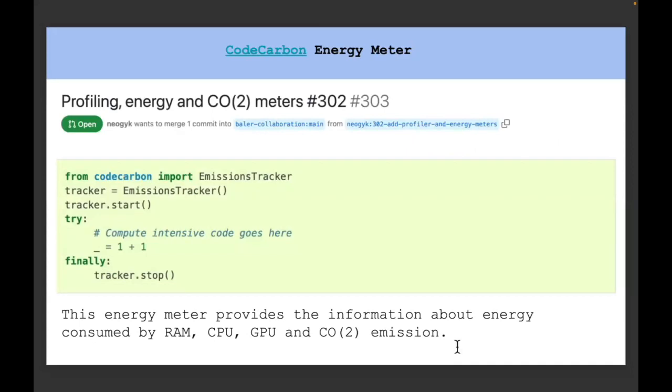So there's another framework that was inspected, and I find that it's the most suitable for practical usage, and I added it as a pull request to the current repository as a closure decorator for the Baler framework in order to inspect at runtime the energy, time, and amount of CO2 that was emitted.